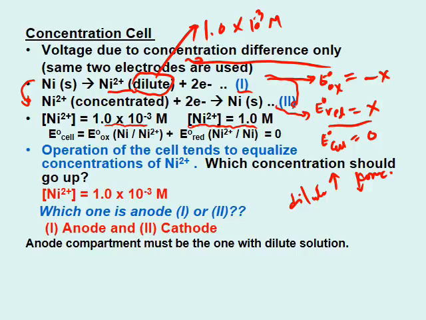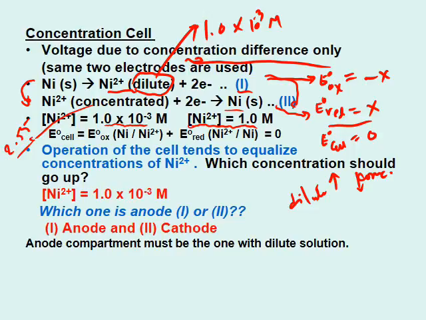The reduction process has to be the concentrated one. If you look at this reaction carefully, the nickel 2 plus concentration in the second compartment is going down, because as the reaction happens, nickel 2 plus is consumed and changed into solid nickel. So the second compartment must represent the more concentrated one, where concentration has to drop with time.